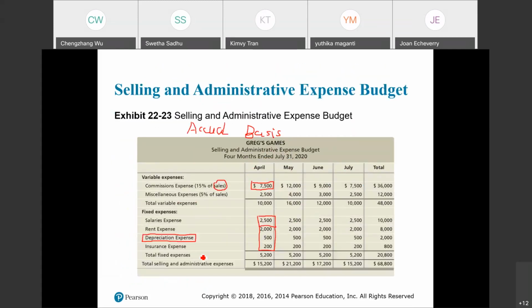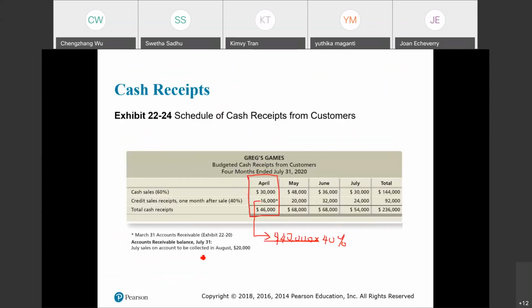So here in the next slide, cash receipt budget, this amount 16,000 is collected as cash in the following month, that is April.